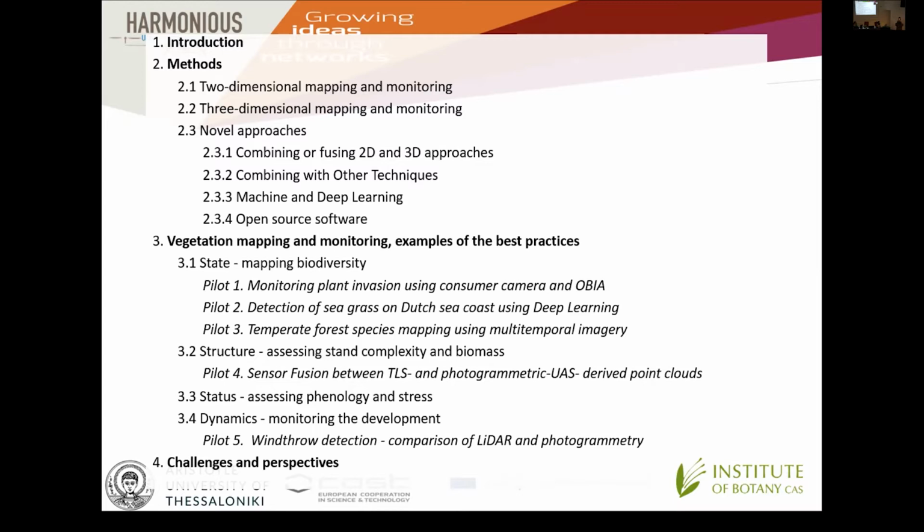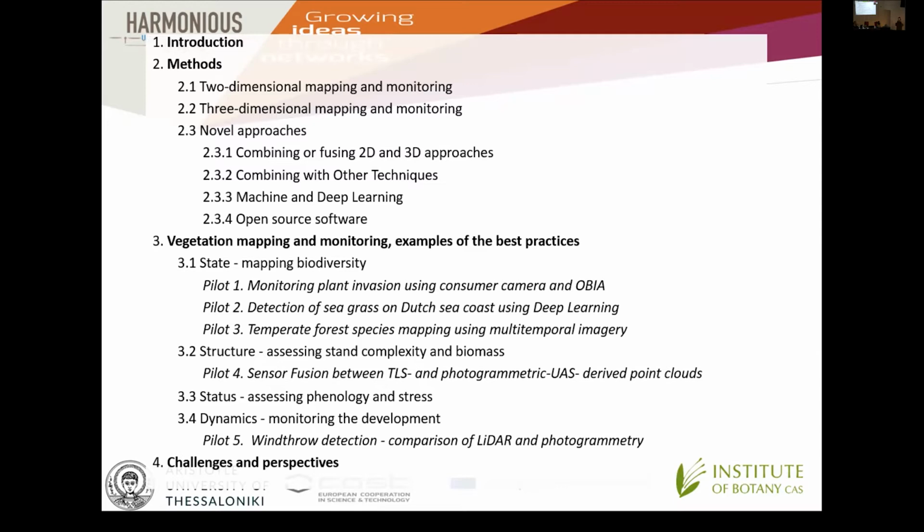We structured our book on the different aspects of vegetation assessment, or the phenomena that we can study with a UAS. We divided them into state, referring to mapping the state of the ecosystem.